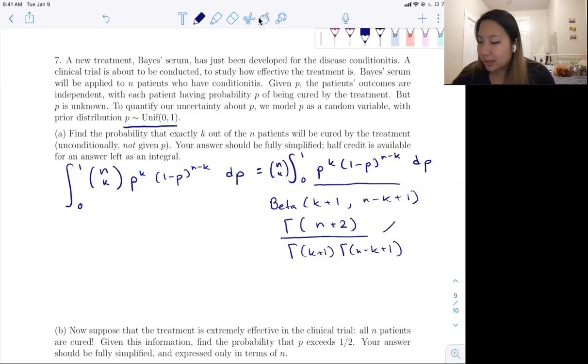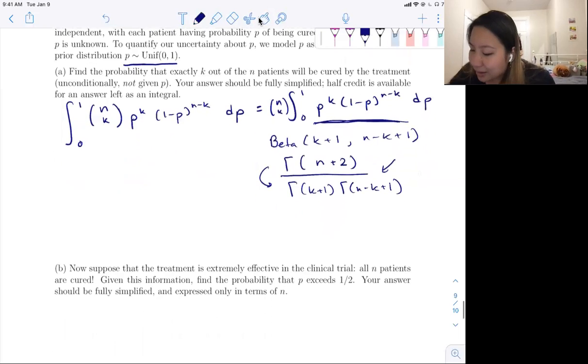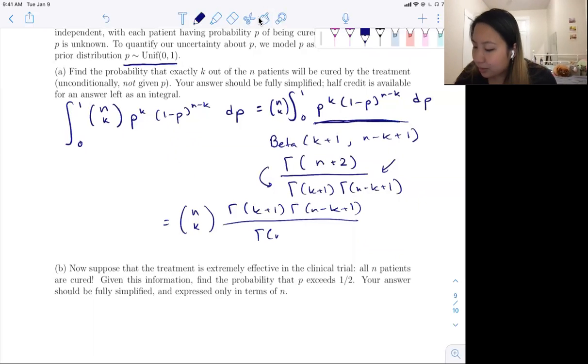And so this constant times this integrates to 1, which means just this will integrate to the reciprocal of the constant. So we have that this is equal to N choose K times the reciprocal of this: gamma K plus 1, gamma N minus K plus 1, over gamma N plus 2. And for integers, we know that gamma N equals N minus 1 factorial.